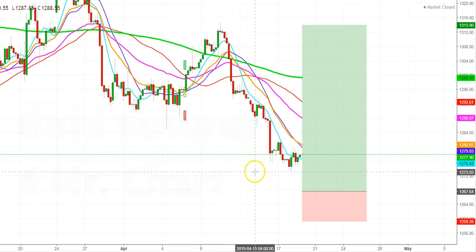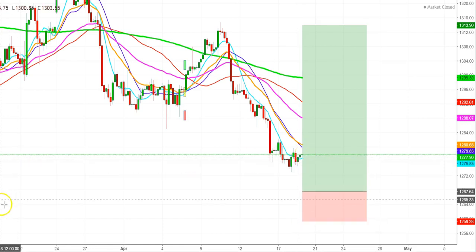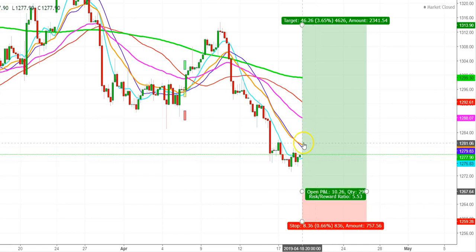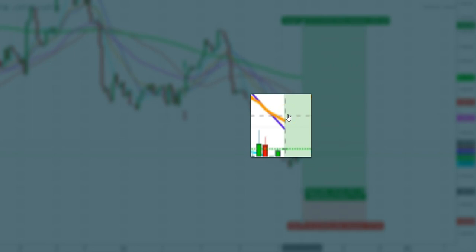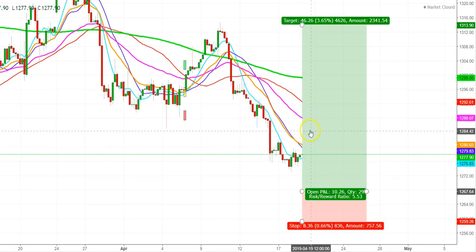Here you can see that the gold futures have finally found a good support at the level of $1273, from where they have seen a good spot in gold futures and finally closed at the level of $1277. And here you can see in a 4-hour chart, 20 days exponential moving average has come above the 20 days moving average, which indicates the continuity of this uptrend during the upcoming week.